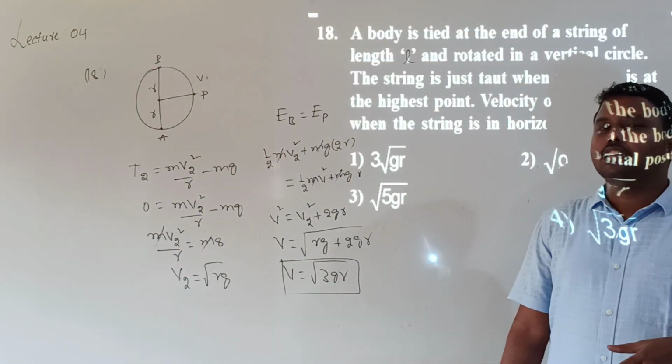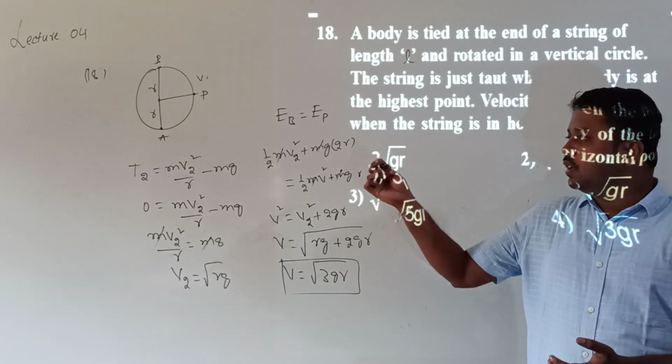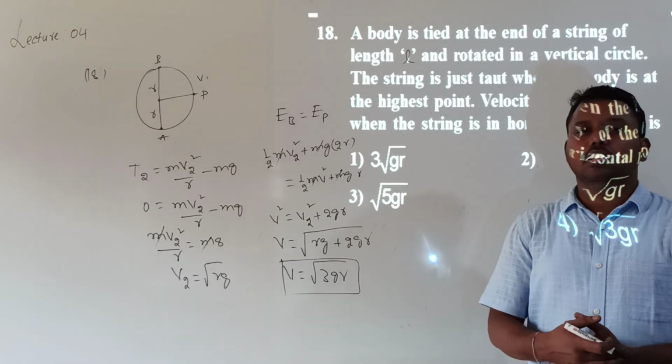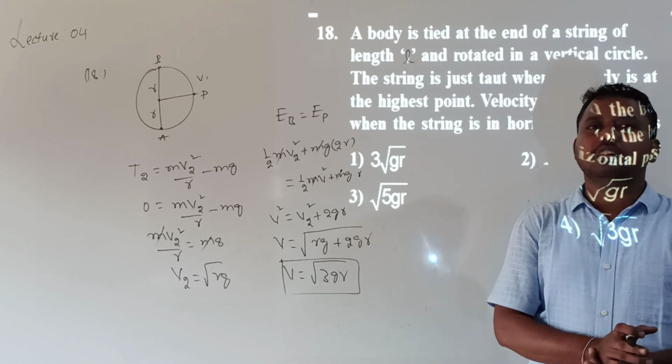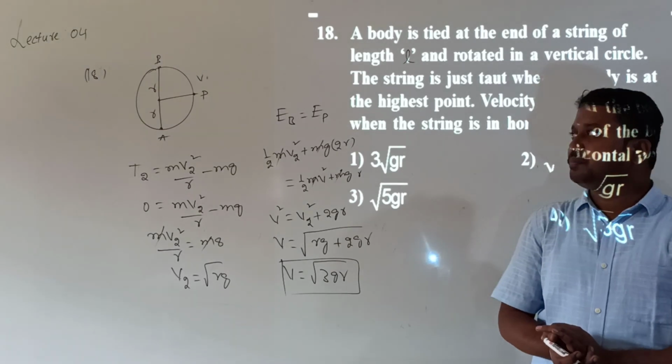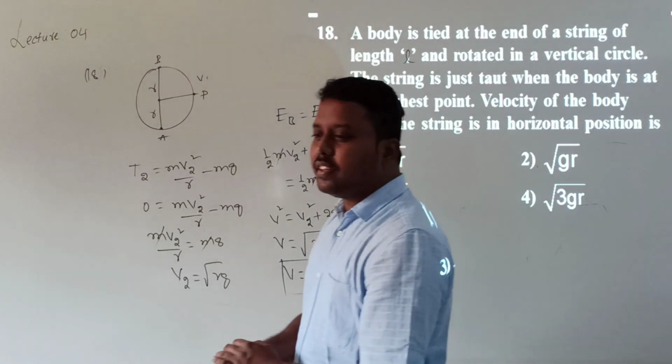You can also think whether any possibility is there for solving this question by another method. When you try, you get the concept clearly. Okay, this is question number 18.